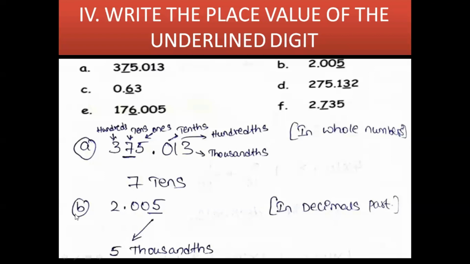Next, 2.005. 5 is underlined. Here, after the decimal, it starts with tenths, next hundredths, then thousandths. 5 is in thousandths place. It is in the decimal part.